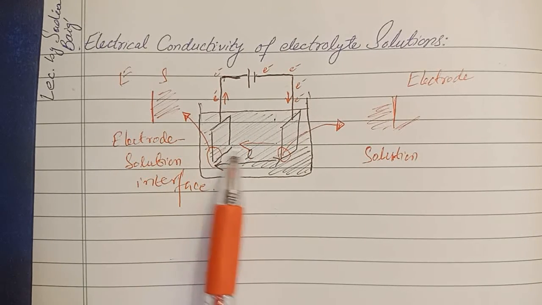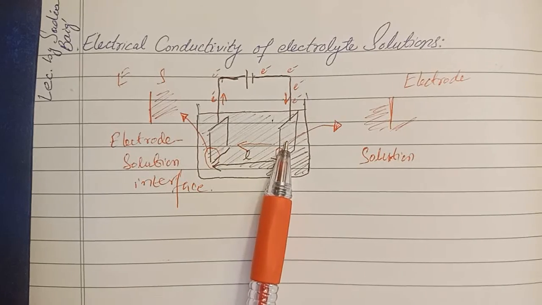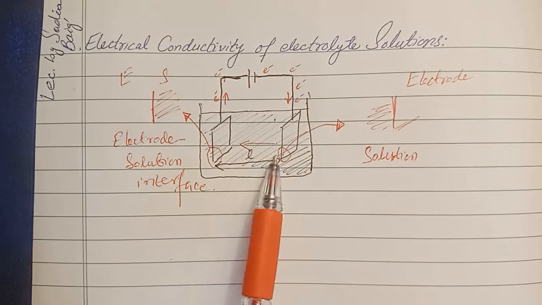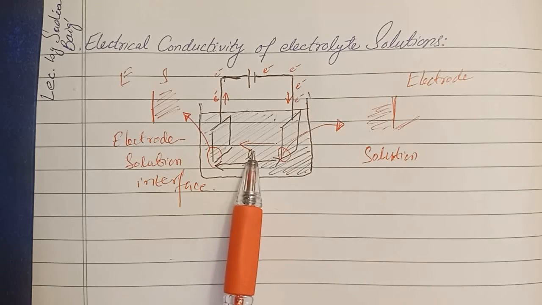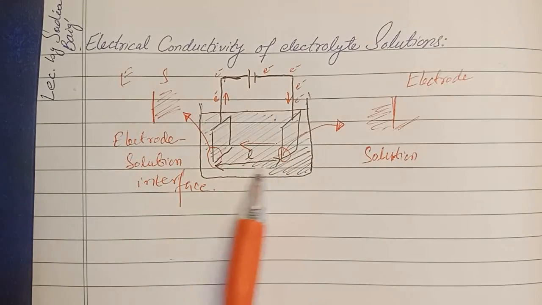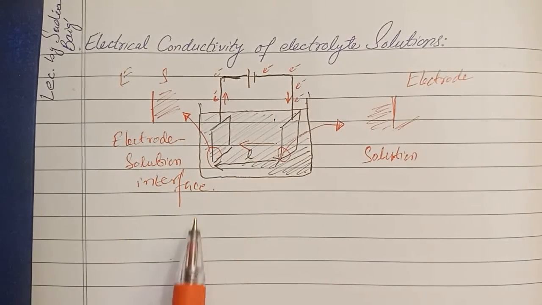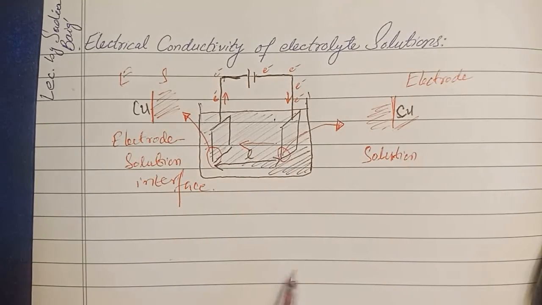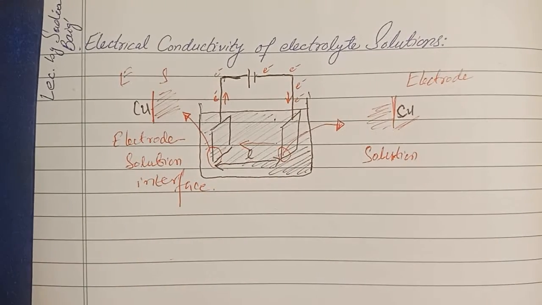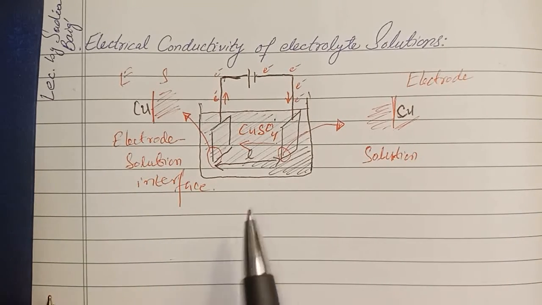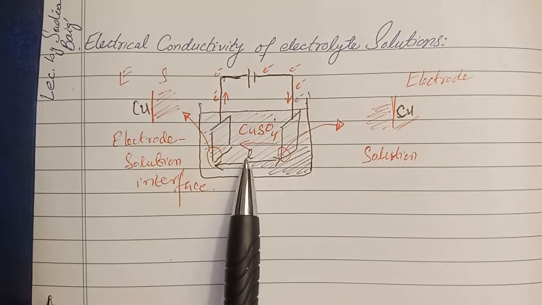Transfer of electrons through the external circuit and movement of ions inside the electrolyte complete the flow around the closed circuit. For example, if both electrodes are copper, as shown here, the electrolyte solute is copper sulfate, the solvent is water, and the solution is copper sulfate solution in water.